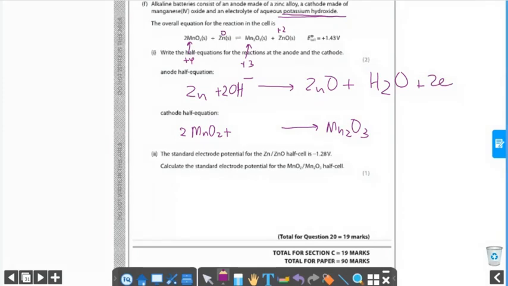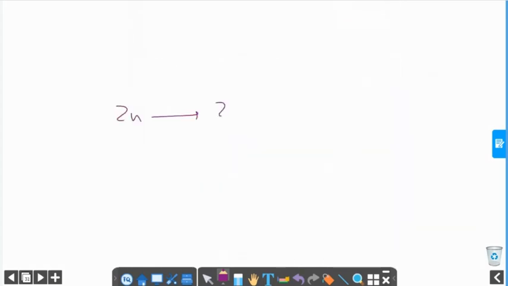Remember, there are rules like balancing in acidic media. We know you add H plus to the side where there's oxygen, and on the opposite side you add water. That is how you balance acidic. Alkali media balancing is not in the syllabus, but you can still do this, because when you have the half equation zinc to zinc oxide and it is alkali media, you understand that the OH minus should come on this side, because then only you can balance the oxygen.